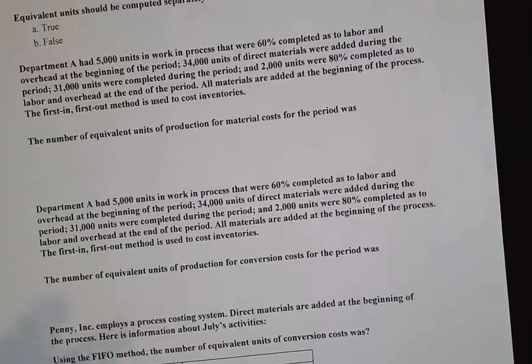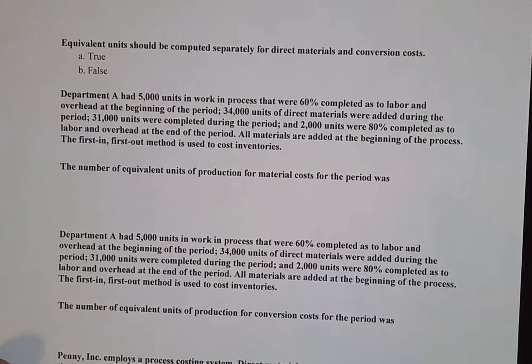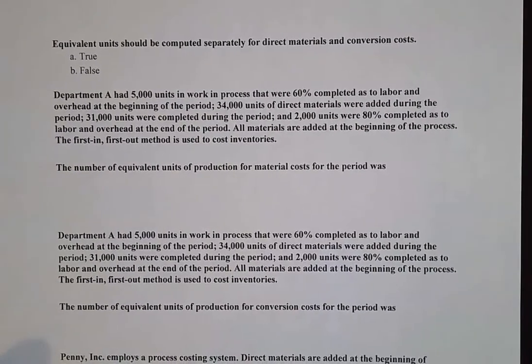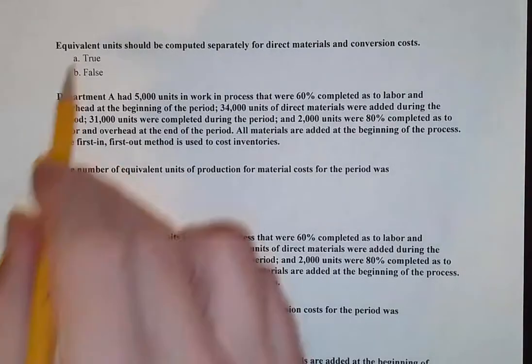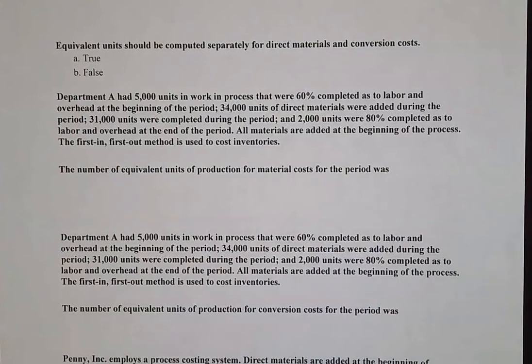Okay, let's see what else we have. Looks like we have another true-false question related to equivalent units. It says, equivalent units should be computed separately for direct materials and conversion costs. We really just kind of covered that in the very last question.